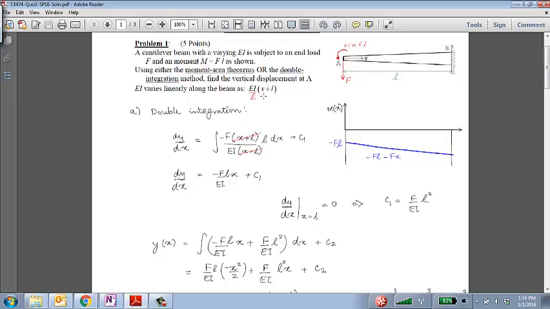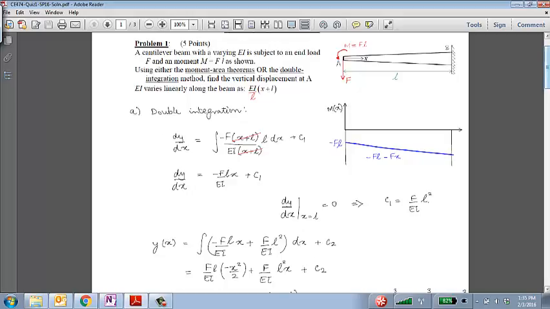You tried to use it as its value at x equal to a, or kept it as x EI over L on the left hand side, which you cannot do because it's a varying bending modulus along the length. So you need to integrate the entire curvature. This numerator is moment divided by the varying bending modulus, and it becomes constant. So the integration is real easy. Any questions on this?